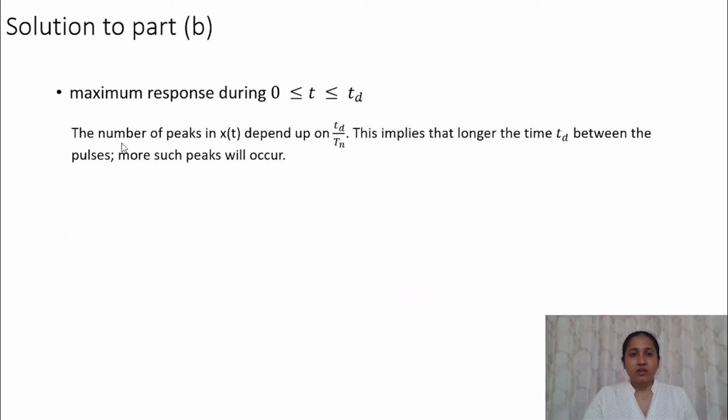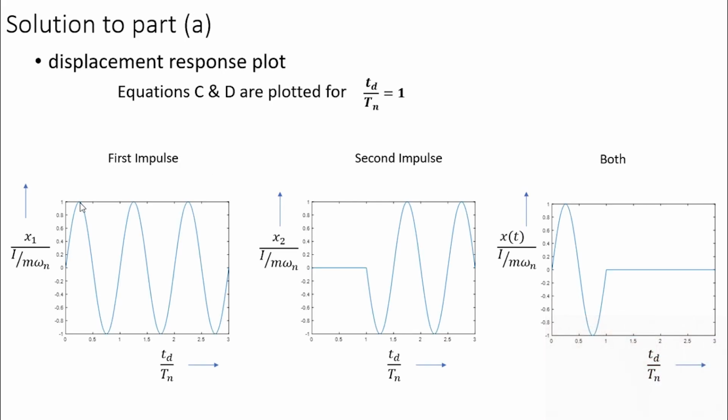The number of peaks during this time depends upon the value of the Td by Tn ratio. If Td is much less, then we won't get this peak. If Td is less than Tn by 4, then we will not get this peak. But if the value of Td is more than Tn by 4, then we will have this peak.